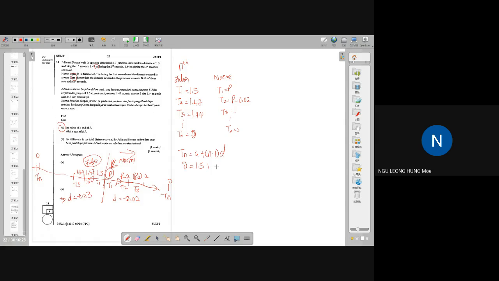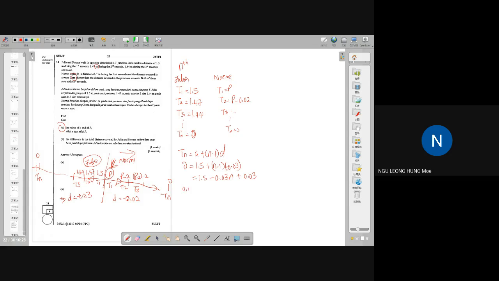Tambah n minus 1, d is negative 0.03. 1.5 plus minus 0.03 n plus 0.03.